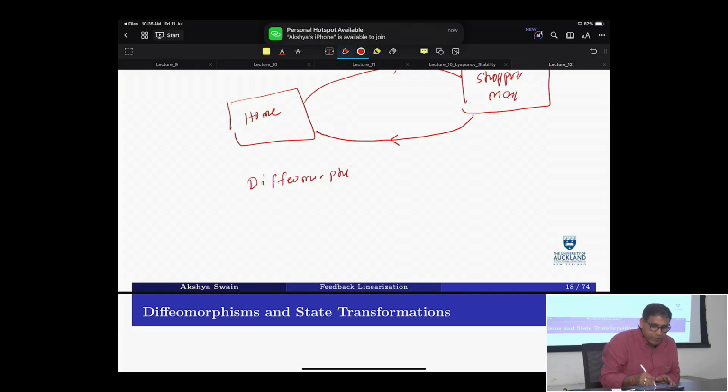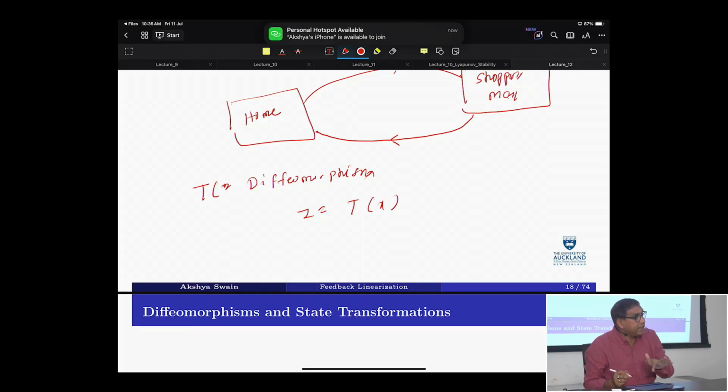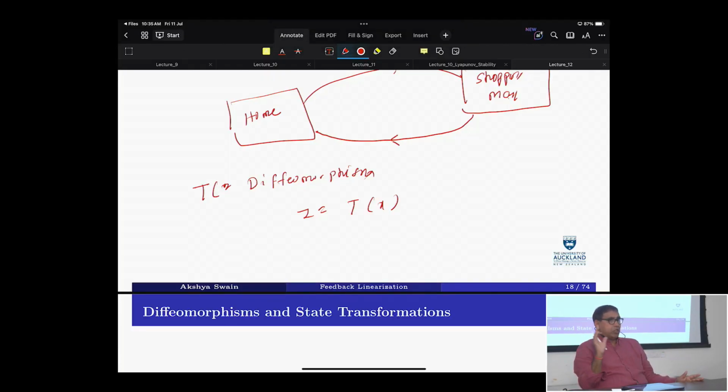You use a diffeomorphism T, so z is equal to Tx, transforming x to z, where T is a diffeomorphism. What is a diffeomorphism? Its inverse exists, because T may not be a standard matrix. The concept is the same. So any time you do a transformation, it must have an inverse.